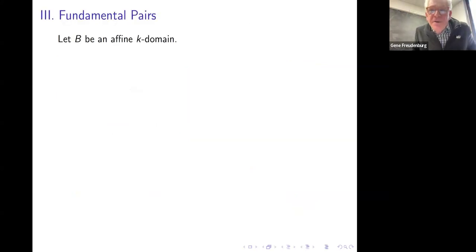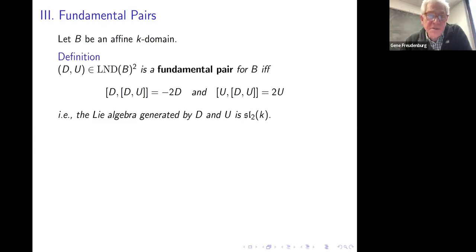Okay, so before I talk about homogeneous threefolds, I need to say a little bit about what I call fundamental pairs of locally nilpotent derivations. So a pair of locally nilpotent derivations of an affine K-domain is what I call a fundamental pair if and only if they satisfy these Lie bracket relations, which is to say the Lie algebra that they generate is a copy of little SL2.